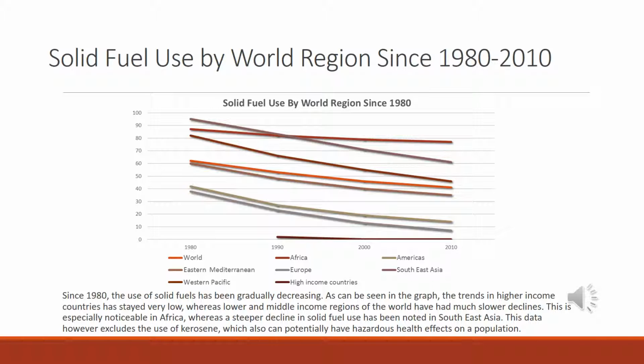This is especially noticeable in Africa, where a steeper decline has not occurred as steeply as we can see in the line that looks at Southeast Asia. And this data is particularly notable because it still excludes the use of kerosene, which can potentially also have hazardous health effects on a population. It's only looking at solid mass.